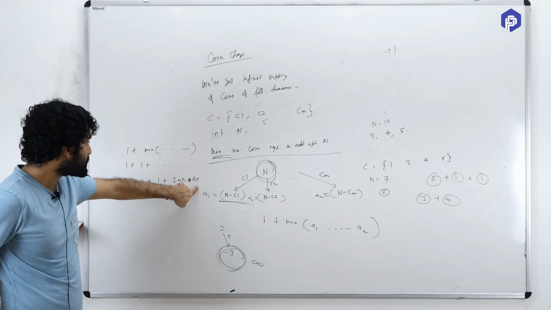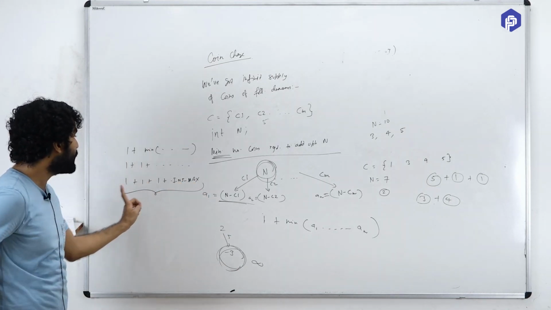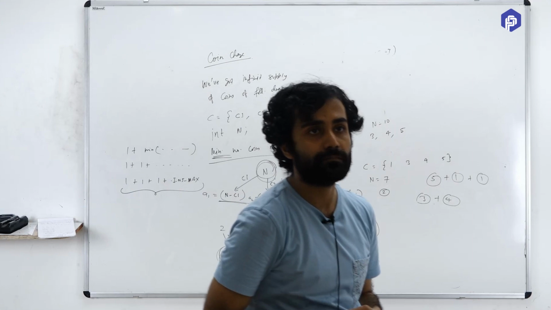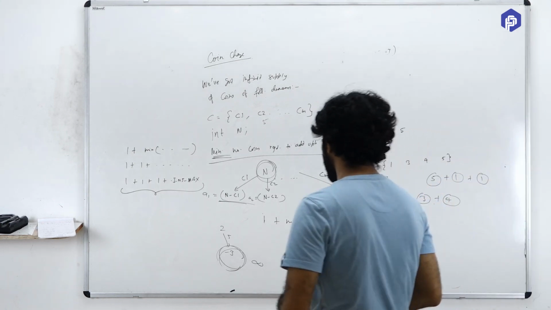If you return int underscore max, certain times what you might end up getting would be integer overflow. Are you getting my point, guys? Yes or no? So how to avoid that? Can somebody suggest how to avoid that?